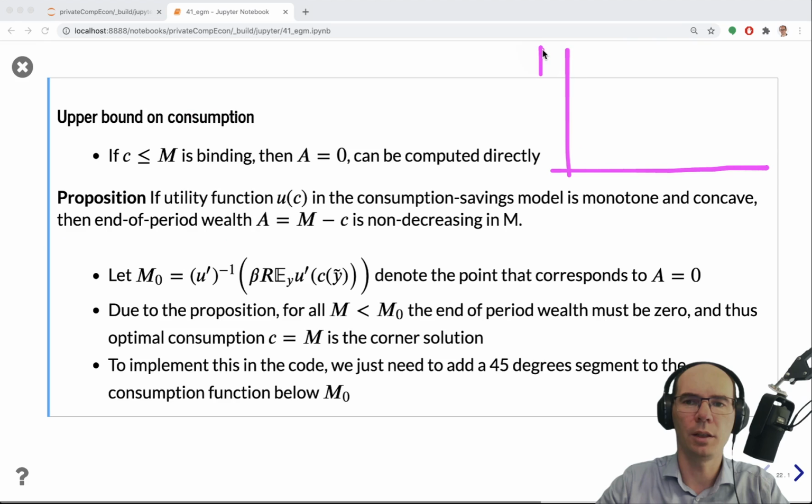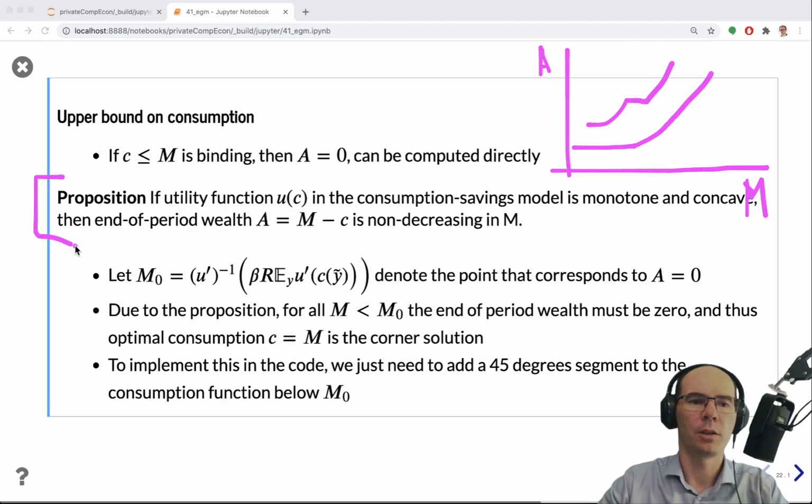So if this is A, and this is M, it can be flat, but then it has to increase. Or it could increase, then be flat, then increase again. That's what this proposition says. And the proof is not very hard.